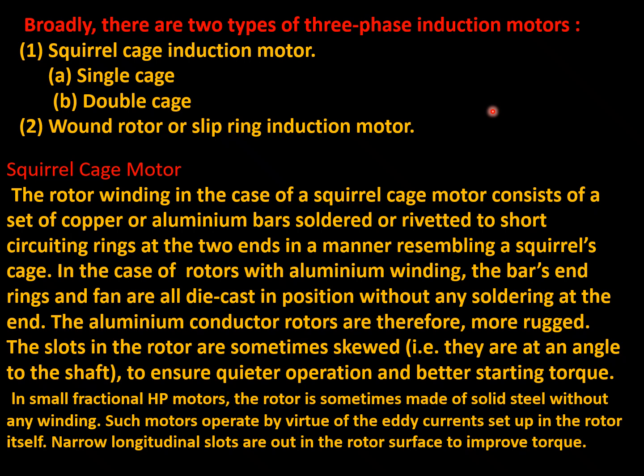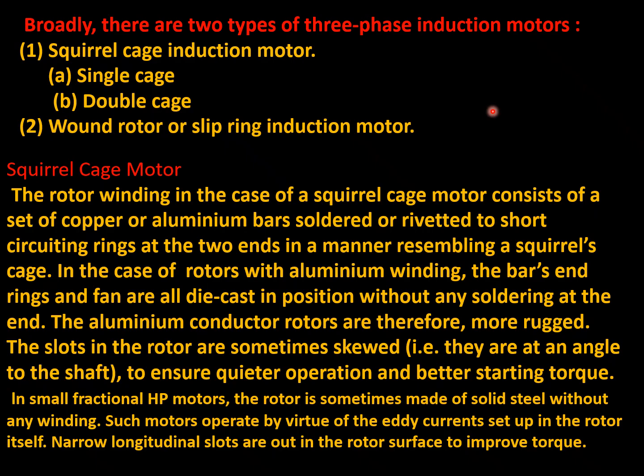The aluminum conductor rotors are therefore more rugged. The slots in the rotor are sometimes skewed, that is, they are at an angle to the shaft, to ensure quieter operation and better starting torque.